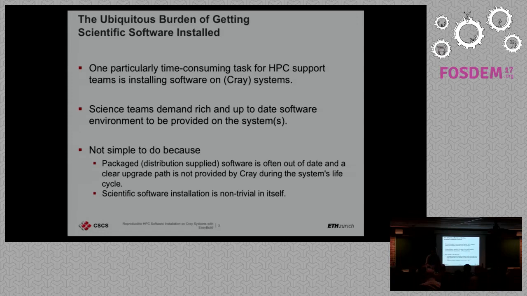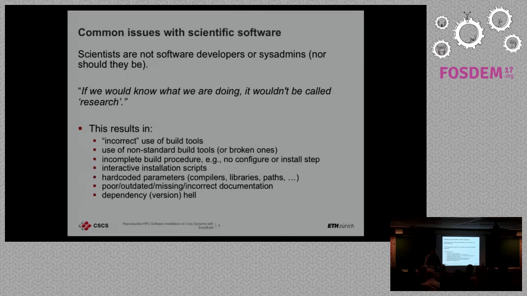They depend really on specific versions, and these versions need to coexist. This is a huge problem for the teams maintaining the software, and not always these people using the HPC systems are developers or sysadmins. They are scientists. They don't have all the background for installing software, so they need help from people with this background and with experience in installing systems.